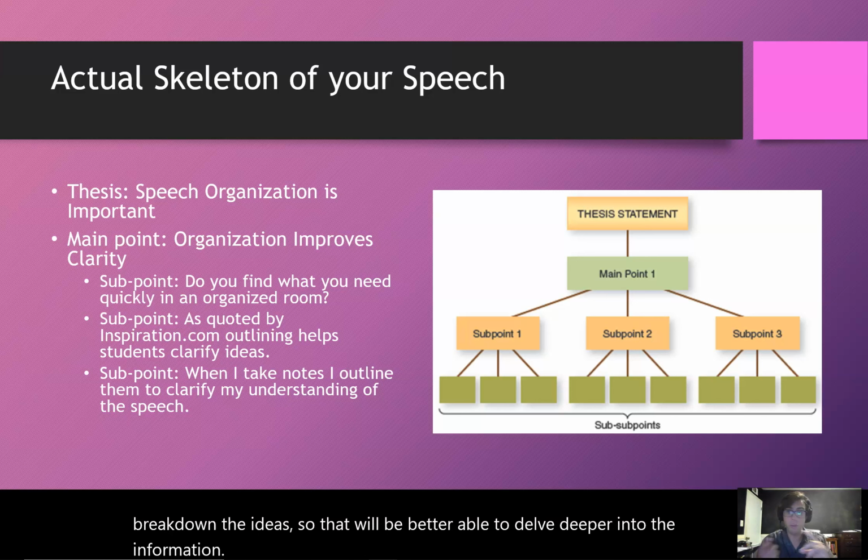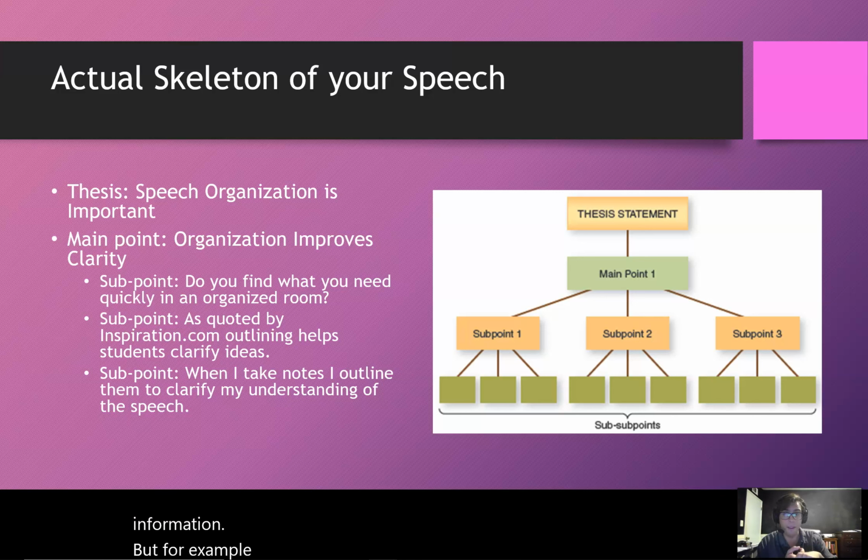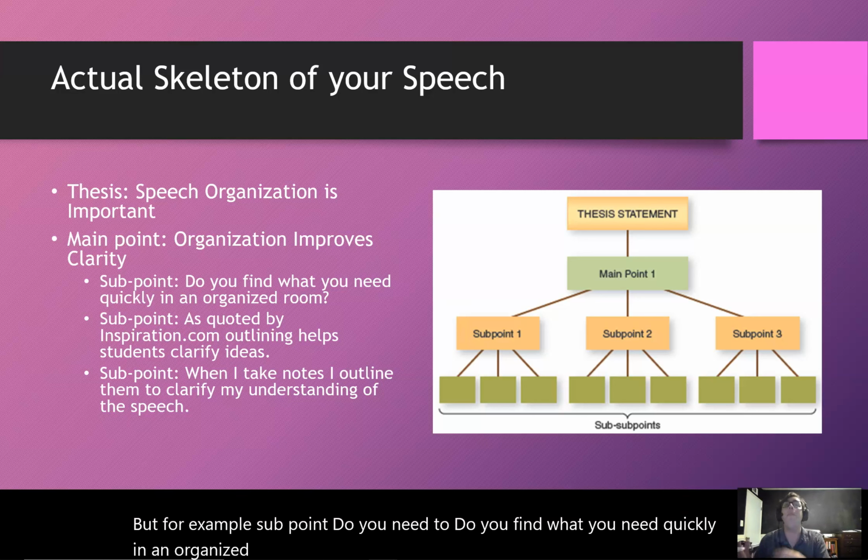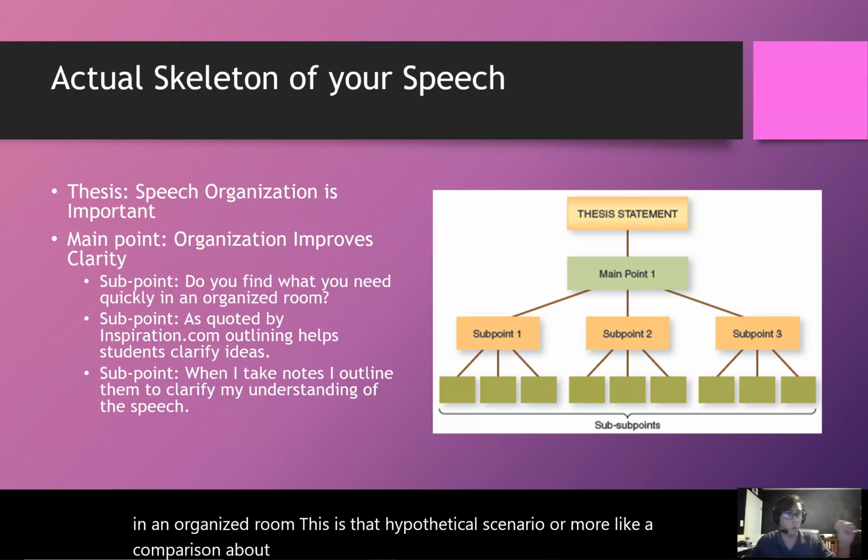But for example, subpoint, do you find what you need quickly in an organized room? This is that hypothetical scenario, or more like a comparison about organization in speeches versus organization in a room. Both help you find things quicker.